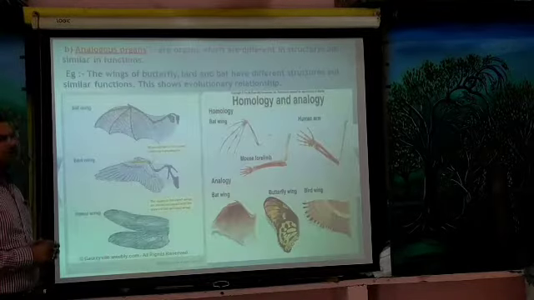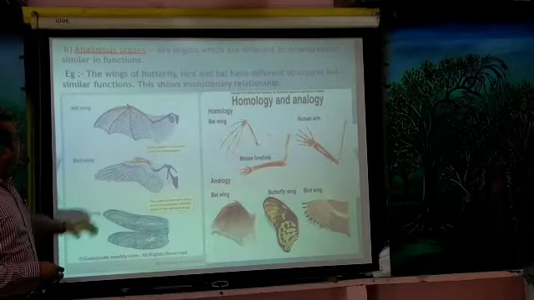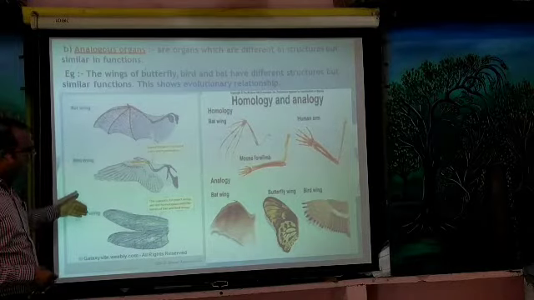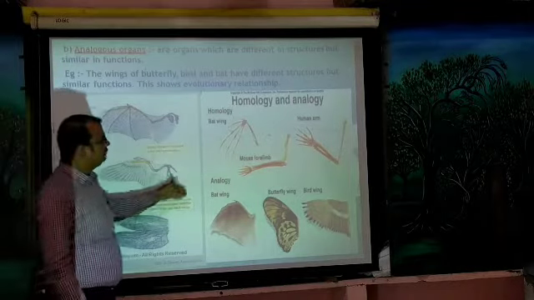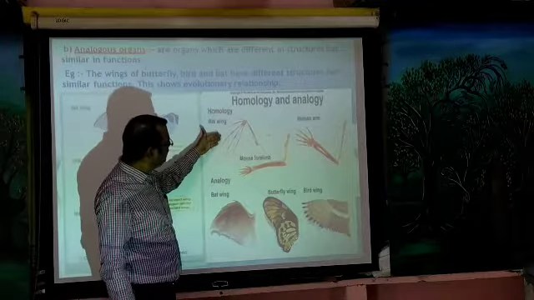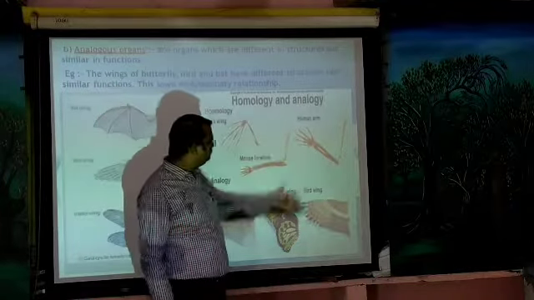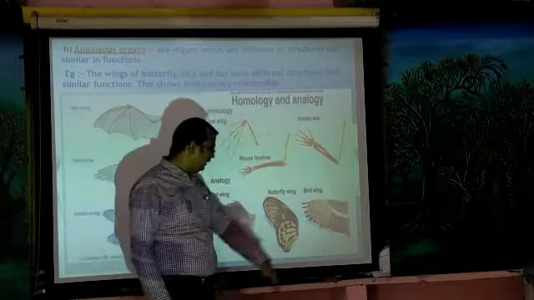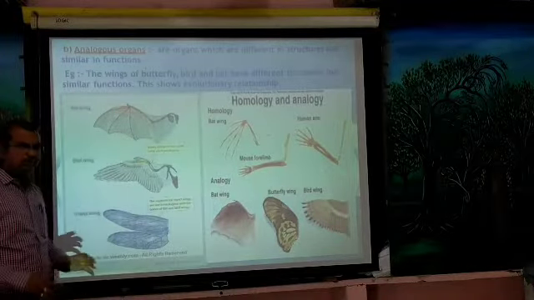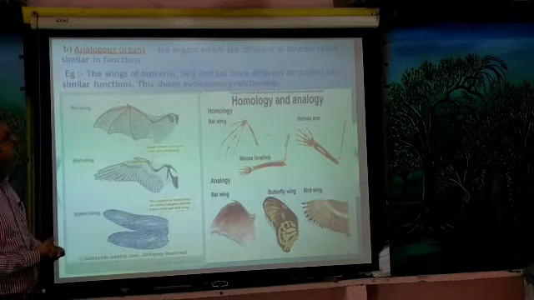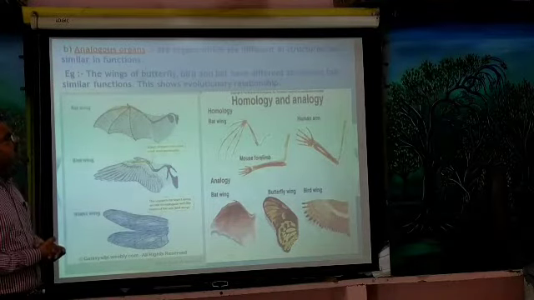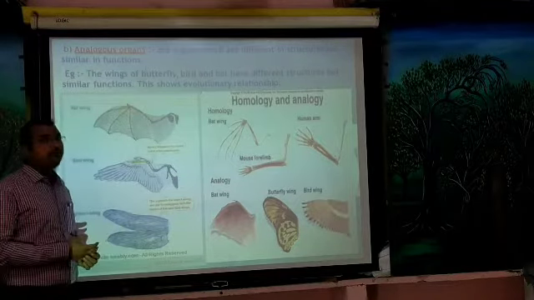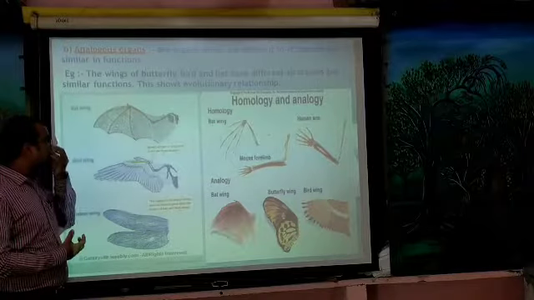Next one, analogous organs. Here you just see the bat wing, the bird wing, the insect wing, and here the bat wing, human arm, butterfly wing and bird wing. So what difference are you observing here? Analogous organs are organs which are different in structure but perform similar functions.